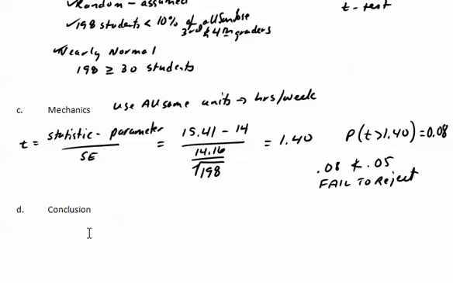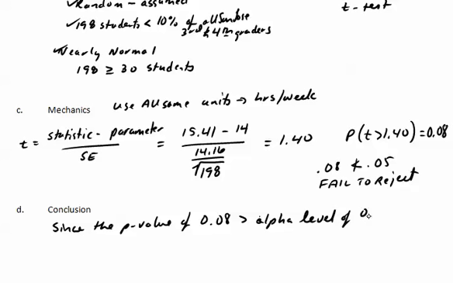The conclusion is, since the p-value of 0.08 is greater than the alpha level of 0.05, we fail to reject.